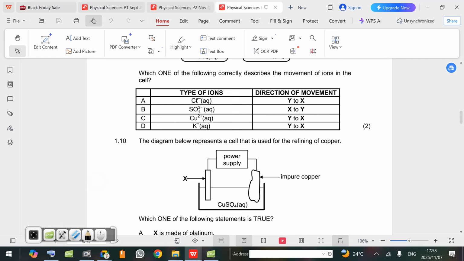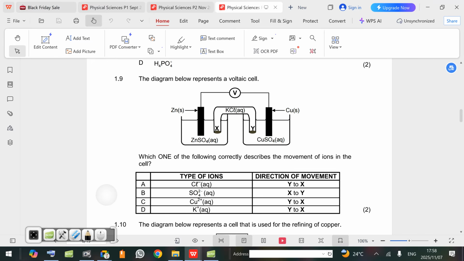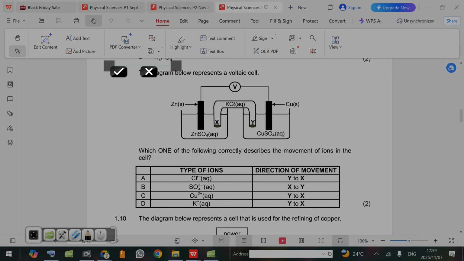Oh, by the way, guys, I think it would be nice to answer 2 multiple choice questions. You agree with me, right? Okay, let's see. Please give me an answer to 1.9.